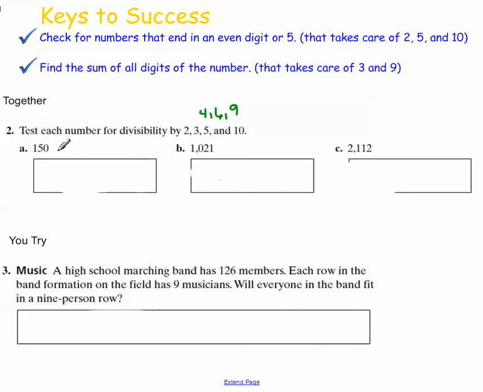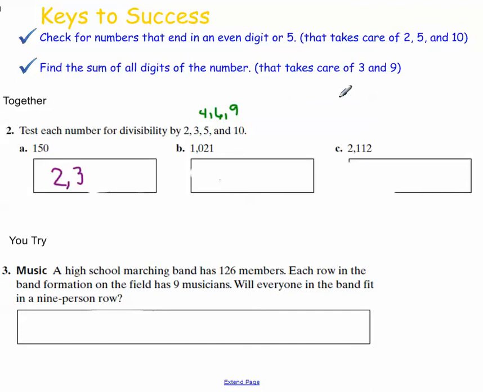So it's an even number, so it's going to be divisible by 2 because it's even. How about 3? When I add up my digits, 1 plus 5 is 6, so it should be divisible by 3. 4: is 50 divisible by 4?